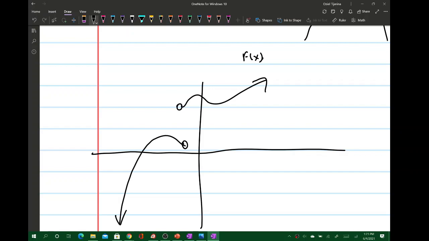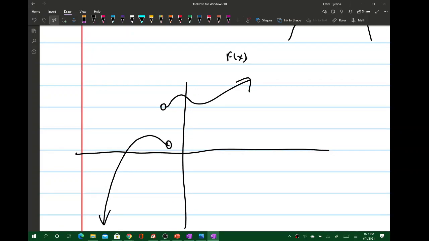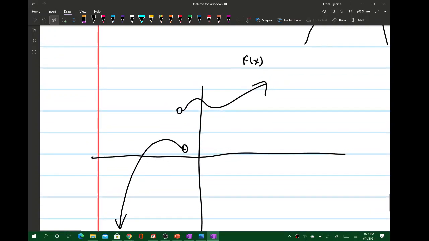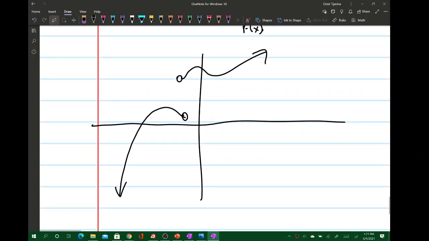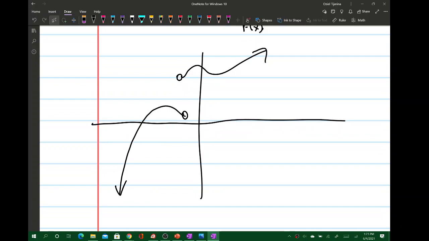Now, obviously, this is a piecewise function. We already know that because, of course, with piecewise functions, they have restricted domains. It's basically two different kinds of functions pieced together. That's why it's called a piecewise function. But anyways, let's pretend that this is equal to c.